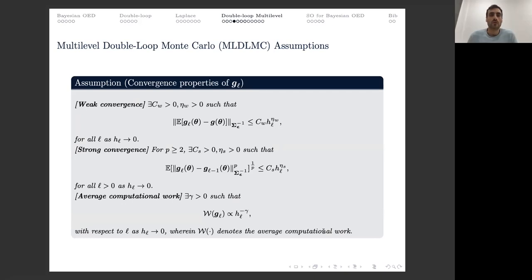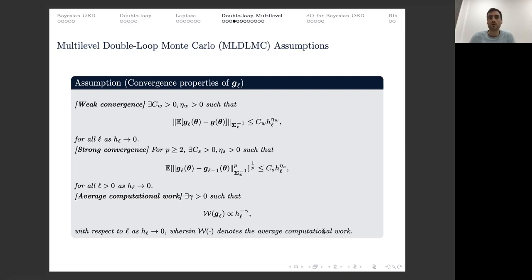So now let's properly formulate the assumptions for the multilevel double loop Monte Carlo estimator. The weak convergence is the norm of the expected value of the difference between G_L and G, where the metric is the inverse of the covariance of the error. This should decrease with h to the eta_w, where L is a sequence of discretization levels.